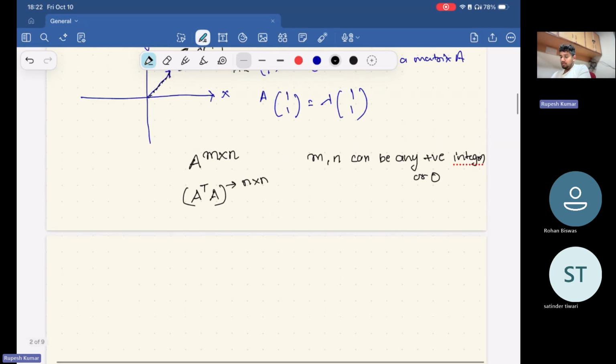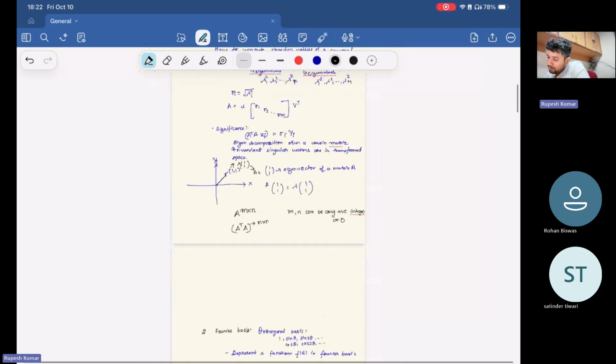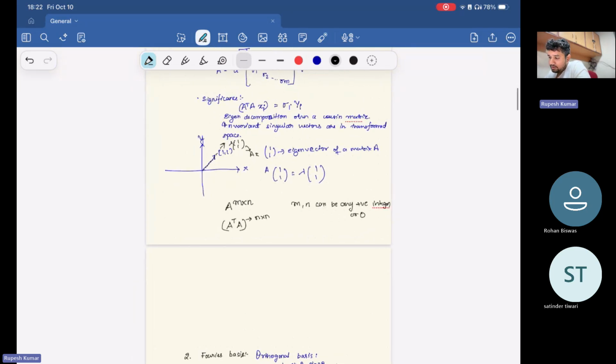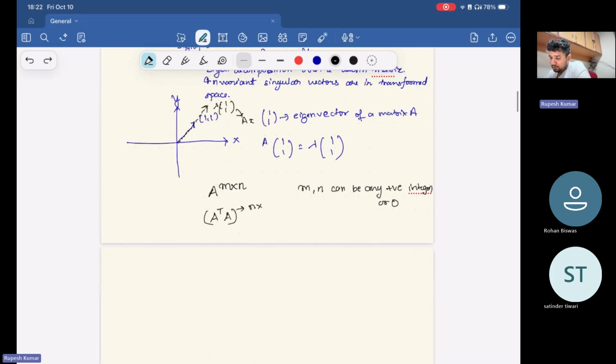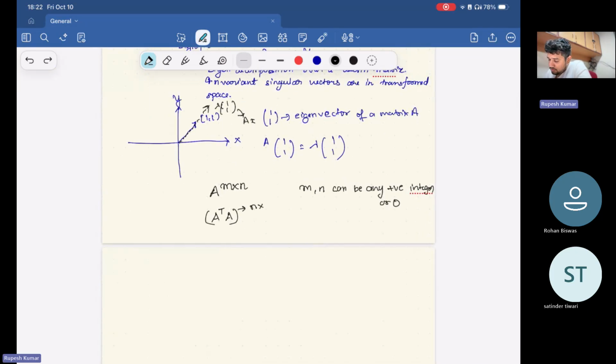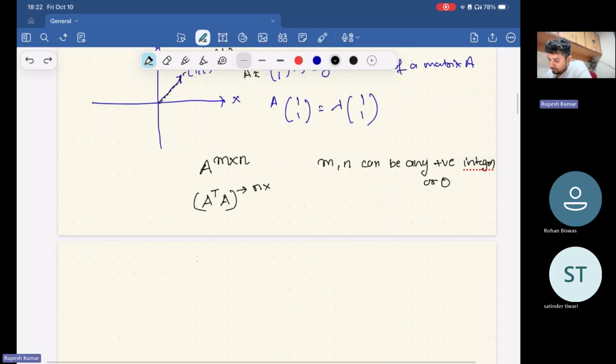Now I want to find the eigenvalues and eigenvectors of this matrix. So let's try this. I was saying A x equals lambda x, and then the transpose will be x transpose A transpose.